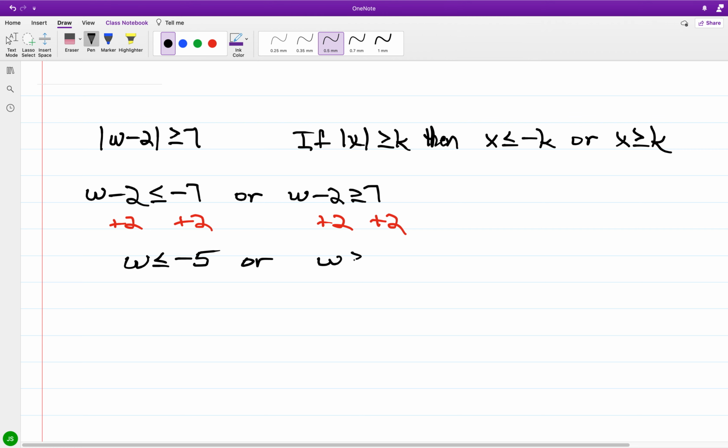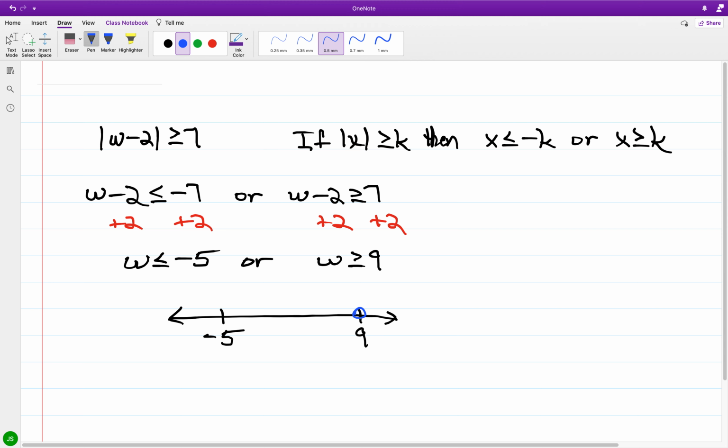And this translates out to w is greater than or equal to 9. And just for envisioning, you have negative 5 and positive 9. And graphing the solutions, thanks to the equal signs in the inequalities, you would have solid points on both negative 5 and 9.